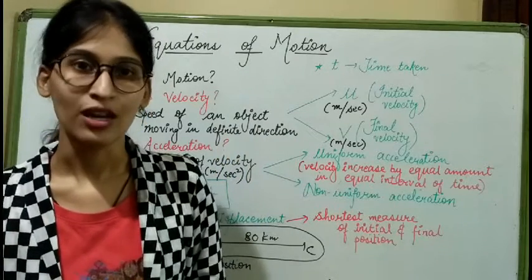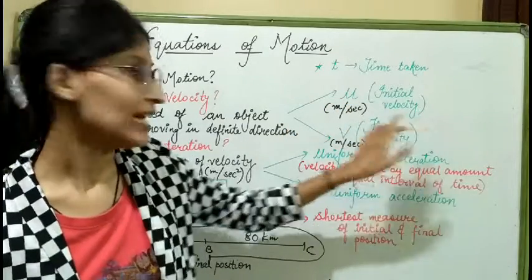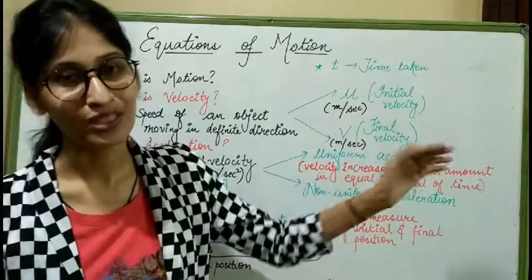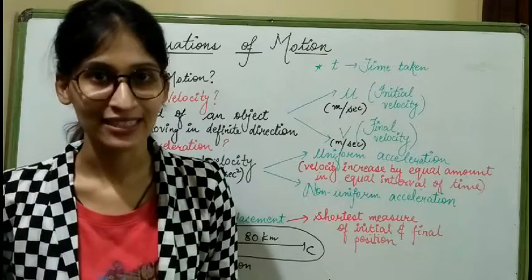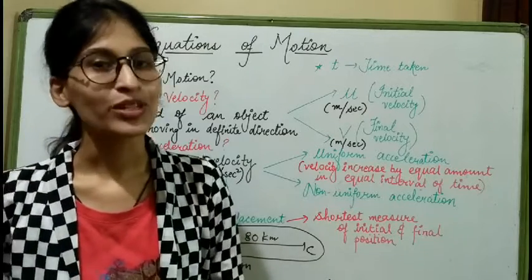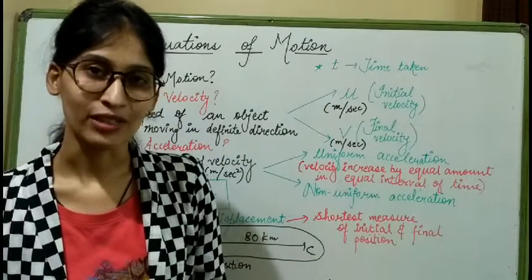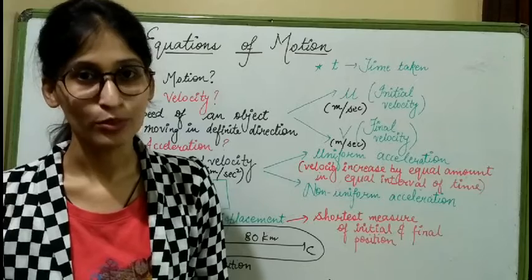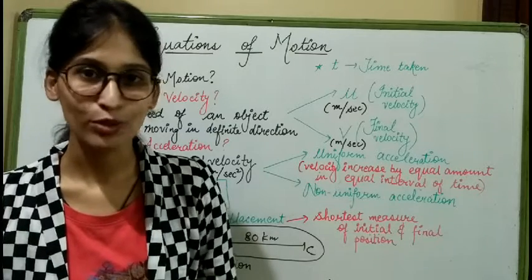Now in the motion, we use the term u to denote initial velocity and v to denote final velocity. When the ball was in my hand, it was at rest, so its initial velocity was 0. But as it traveled downward, it gained a certain velocity in the course of the motion.